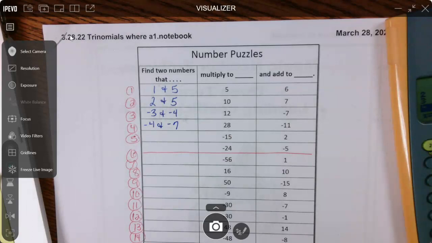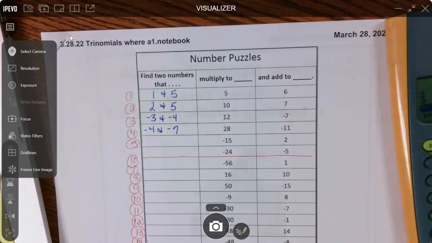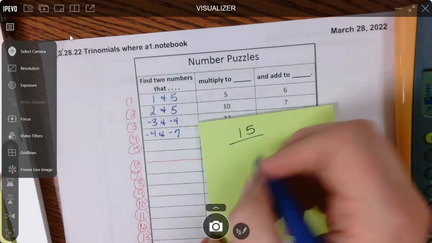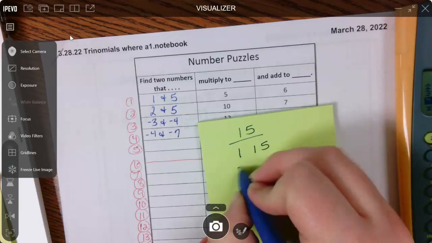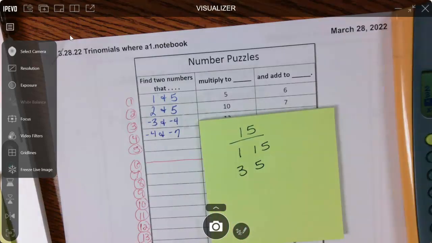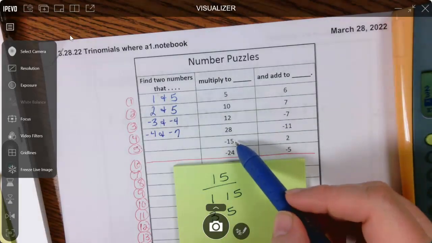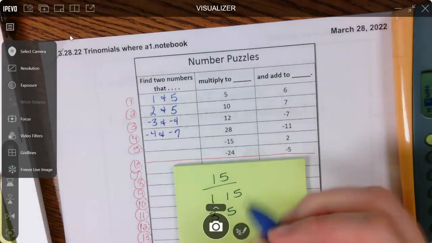Next one, number 5. We need two numbers that multiply to give you negative 15 and add to give you 2. Well, that's not a hard number to find. So what are your factors of 15? We've got 1 and 15, 3 and 5. You want to find the pair. They multiply to give you negative 15, so one of them has to be negative.